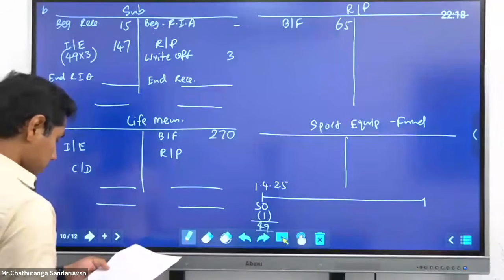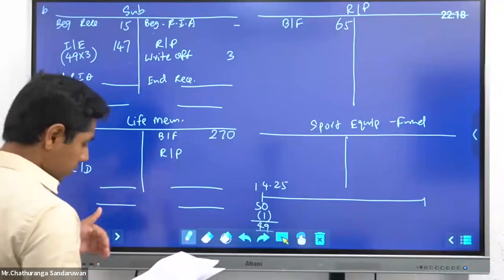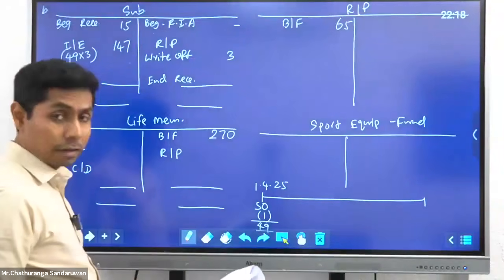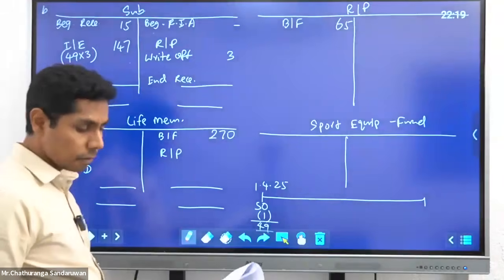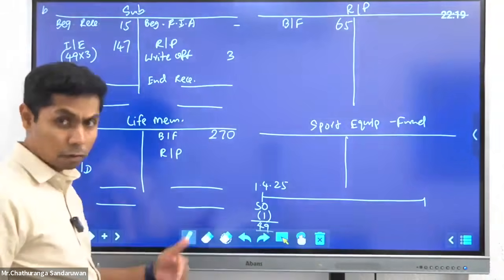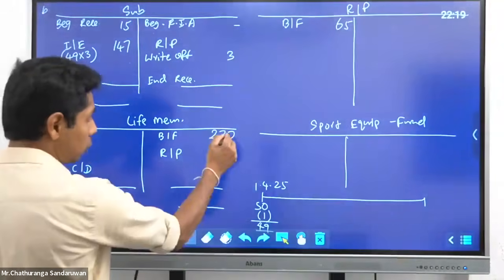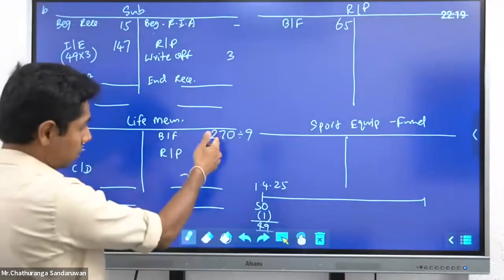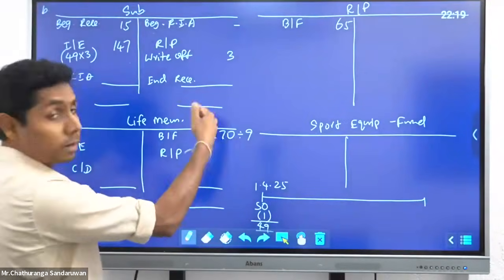And then life membership fee was introduced on 1st April 2024. Now 1 year has gone, and the entity's policy is to recognize it over 10 years. So this is equal to 9 years remaining, right? Because it was given on 1st April 2024.